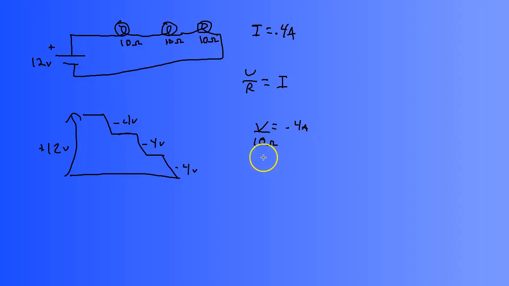We multiply and we get V is equal to 4 volts. That means that across this bulb, the electrons lose 4 volts. Across this bulb, they lose 4 more. So minus 4, minus 4, minus 4, back to 0.